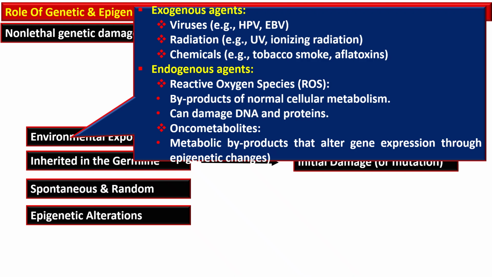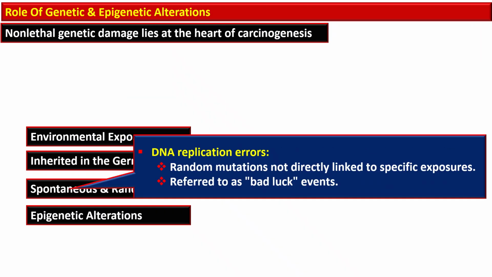Then there are oncometabolites. These are the metabolic byproducts that alter the gene expression through epigenetic changes. Then there are spontaneous errors or random DNA replication errors. They are not directly linked to specific exposure and they are referred to as bad luck events.